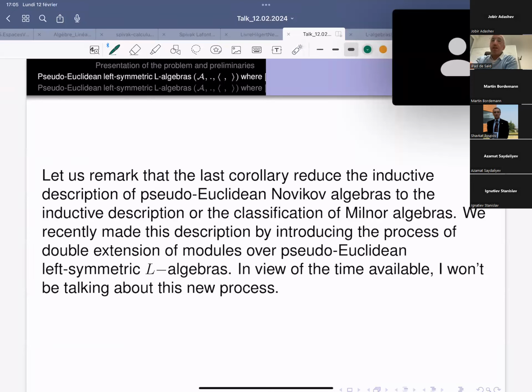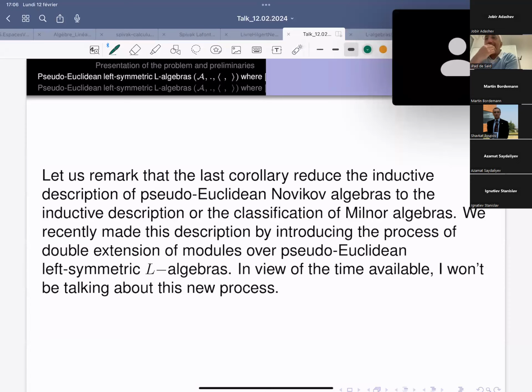So, in this description, we reduce the study of this type of pseudo-Euclidean left-symmetric algebra to those of the minor algebra.